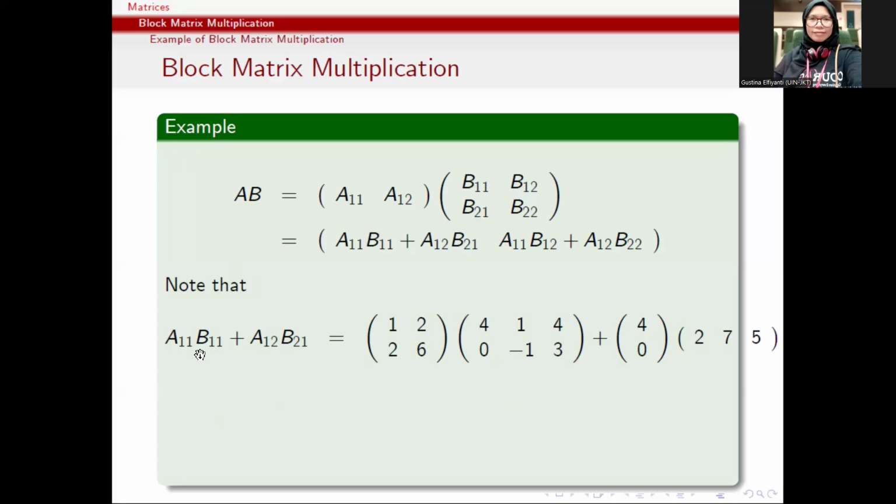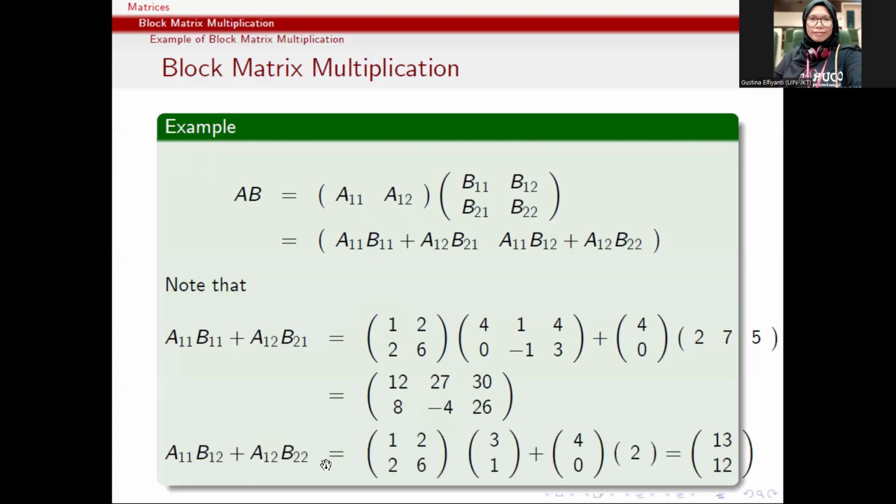Note that for A11 B11 plus A12 B21, this one is A11, this one is B11, and this one is A12, this one is B21, and we get this matrix. And also we have this one is A11, this one is B12, and this one is A12, this one is B22, and we get this.